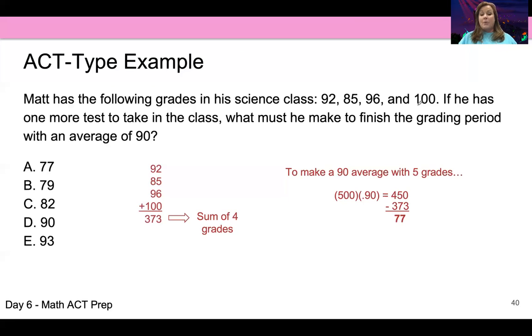I do the 90 times 5, I don't do the whole points. So that gives me 450. When you get the 450 and you subtract out the points you've earned, 373, it tells you you need a 77 on this last test to have an A. That's pretty good.